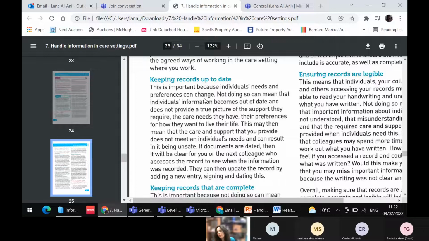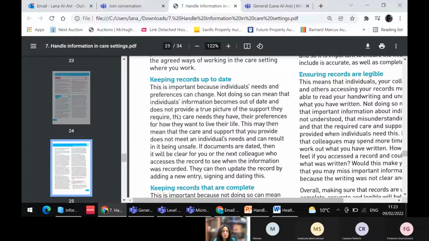So if someone like Mr. X suddenly starts not liking coffee and wants just tea, and we keep giving him coffee, that would irritate him, because he told you a million times before he doesn't want coffee in the morning. So you need to keep up-to-date records for this reason as well, because people's needs and preferences can change.